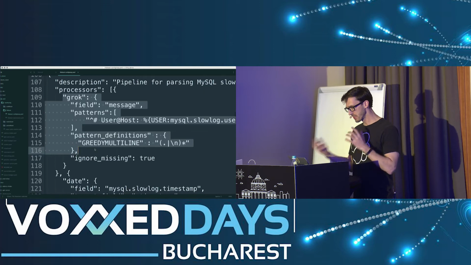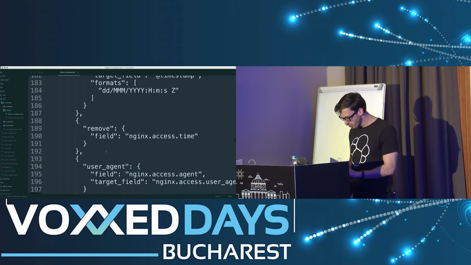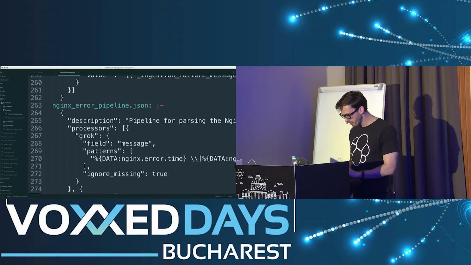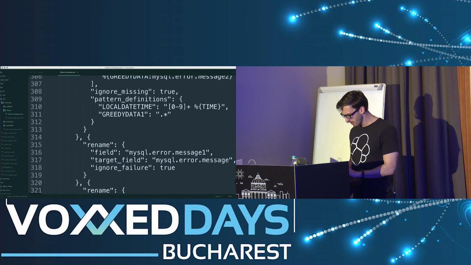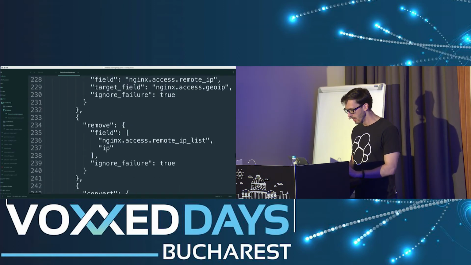But this is exactly what you would define in Logstash as well. So the grok pattern, this named regular expression, this is how we parse those. We have that for the Java application somewhere, which should be super simple. This one here is a bit more complicated. So here we have the Nginx error pipeline, the MySQL error pipeline, and somewhere there should be the one for the Java application.